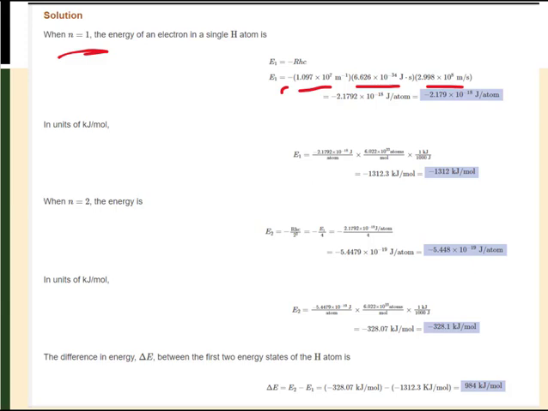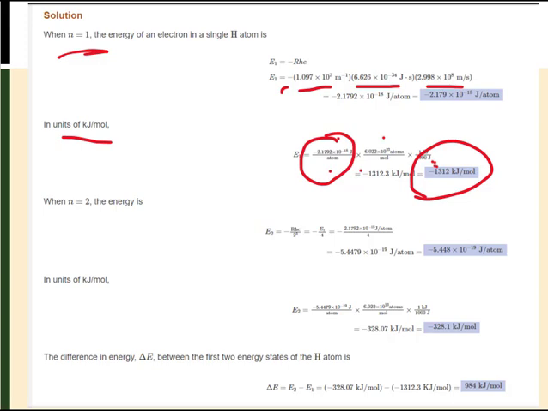Now, to turn that into kilojoules per mole, we took our joules per atom answer. I have to have atoms on top, and we know that there are 6.022 times 10 to the 23rd atoms in 1 mole. And then to get rid of joules, I had to have joules on the bottom, 1,000 joules in 1 kilojoule. So I would get negative 1,312 kilojoules per mole.